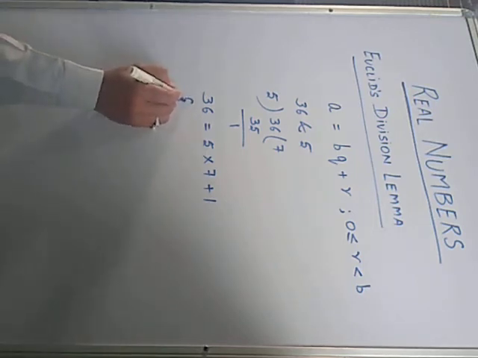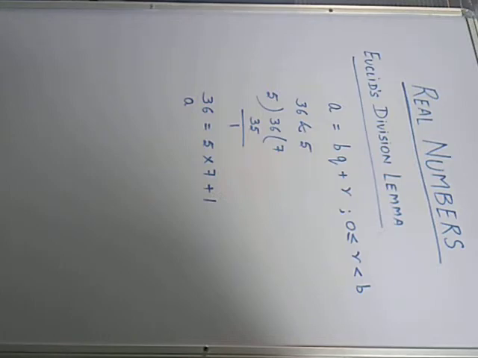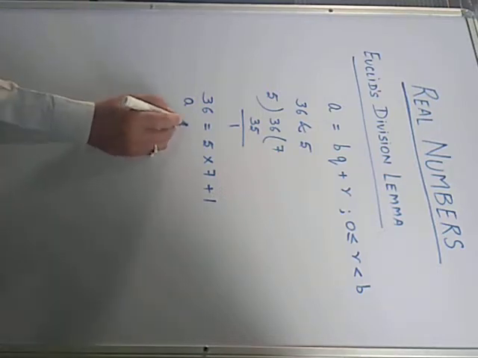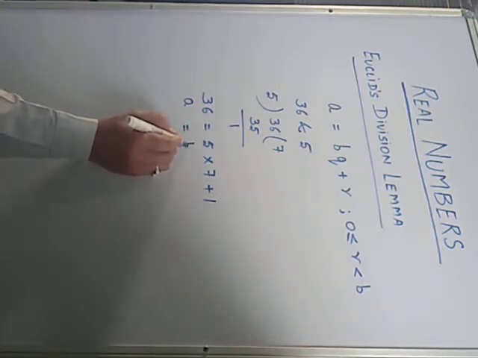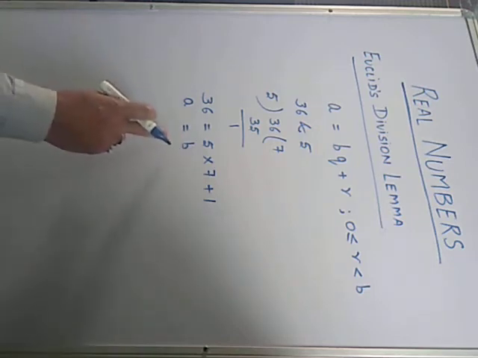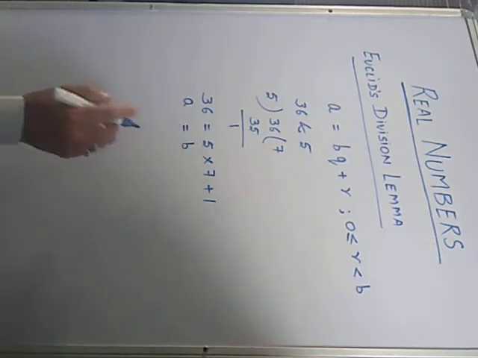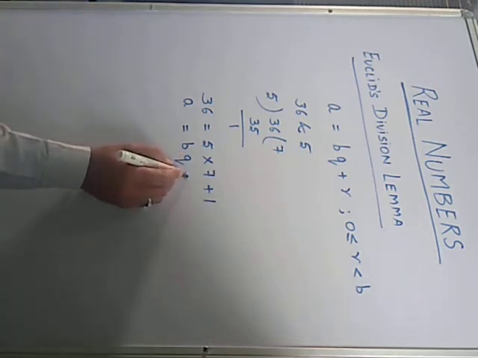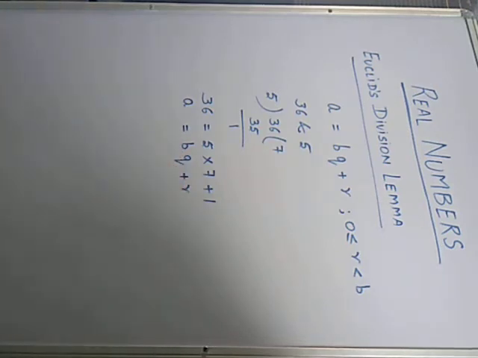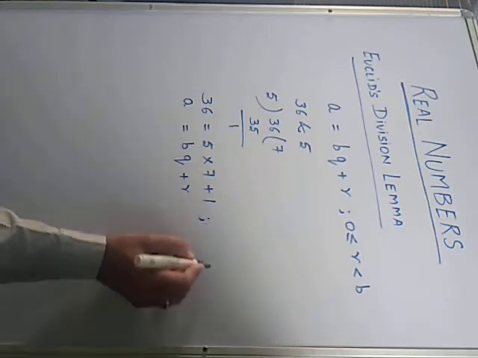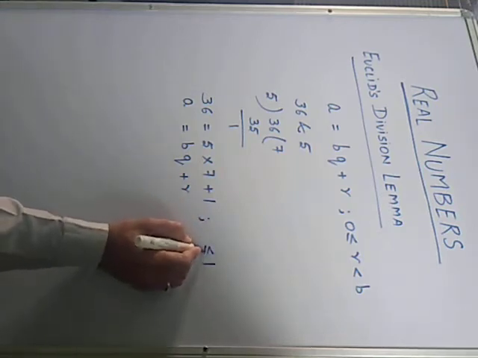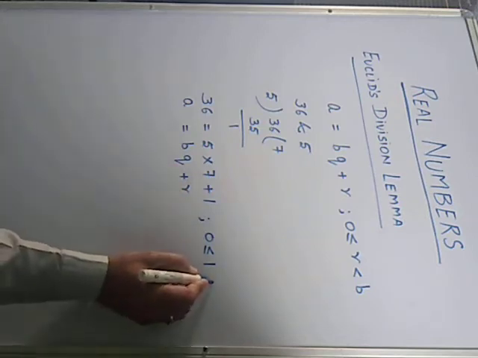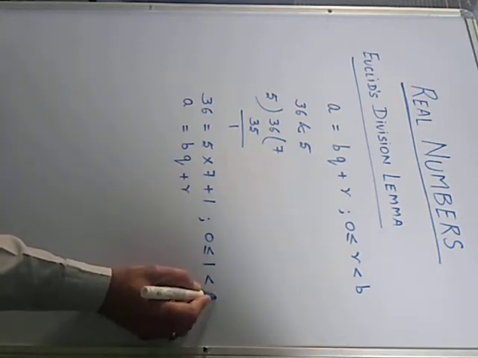So this is your positive integer a. The second integer is b, which is 5. The quotient is 7 and the remainder is 1. 1 is greater than or equal to 0 but less than 5.